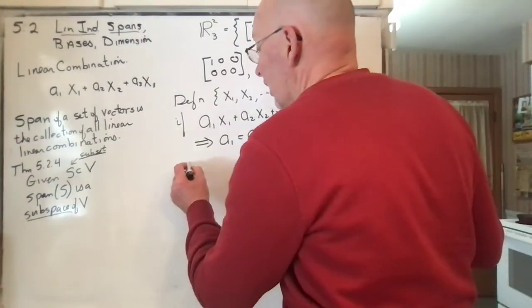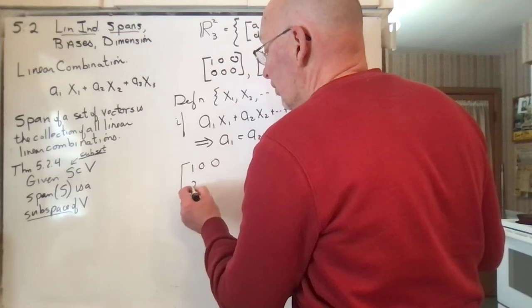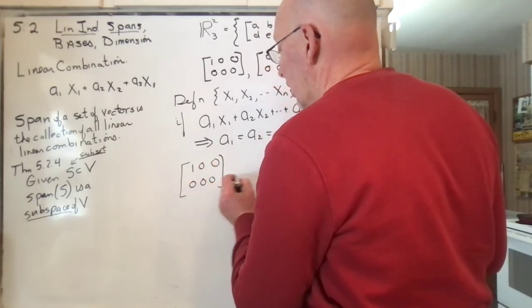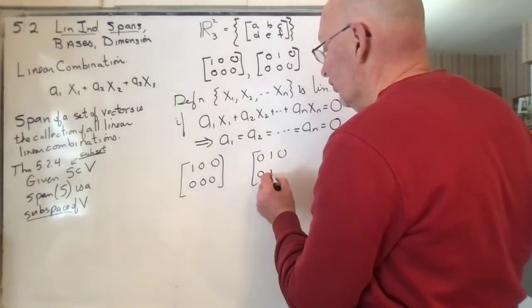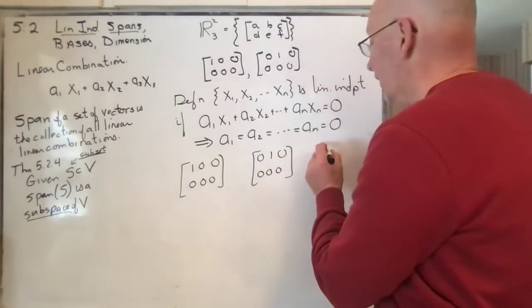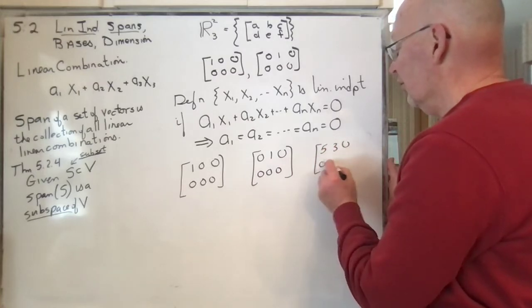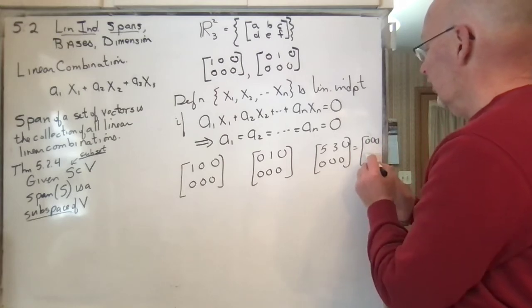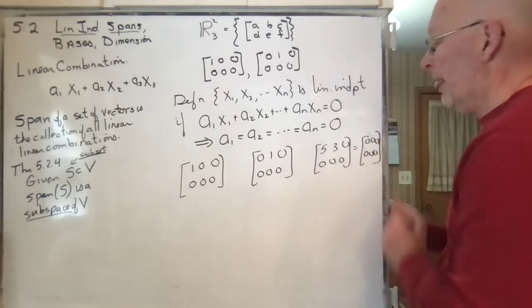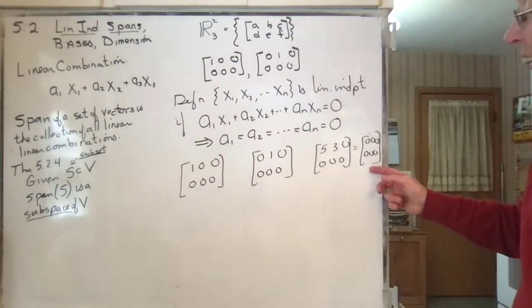On the other hand, let's go back to this example I had again. If I have 1, 0, 0, 0, 0, 0, and then 0, 1, 0, 0, 0, 0, and if I had 5, 3, 0, 0, 0, 0, running out of room here. How can those things add up to the zero vector?